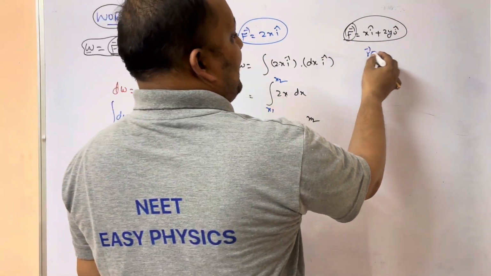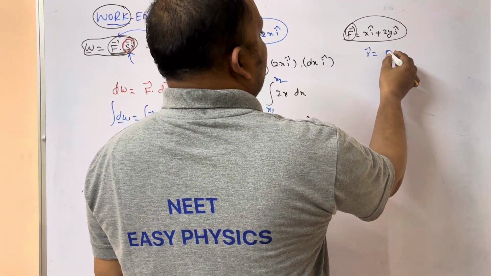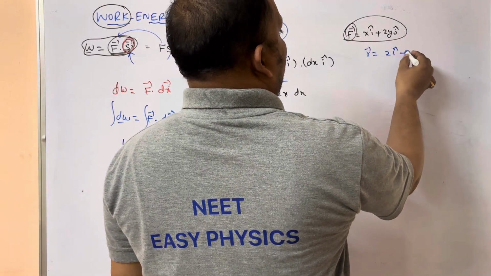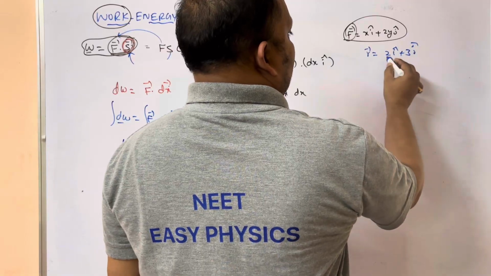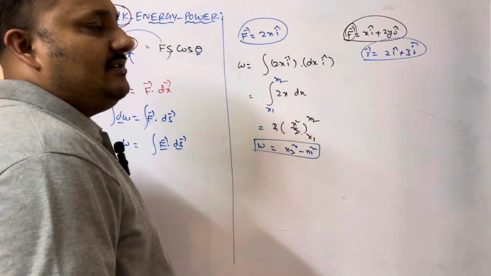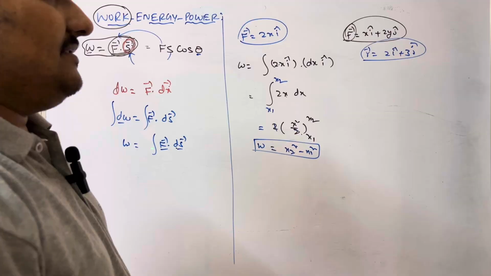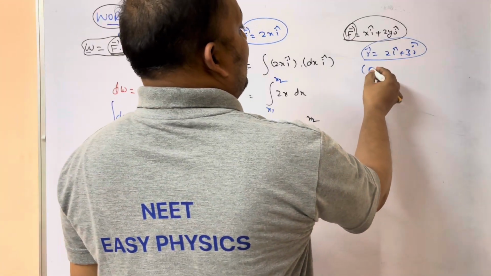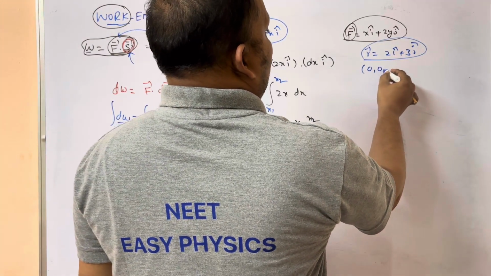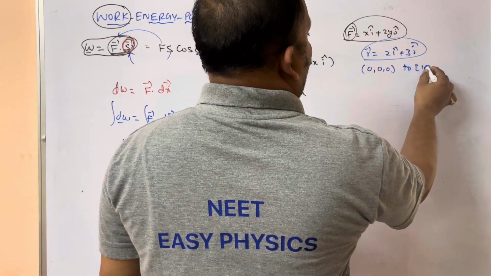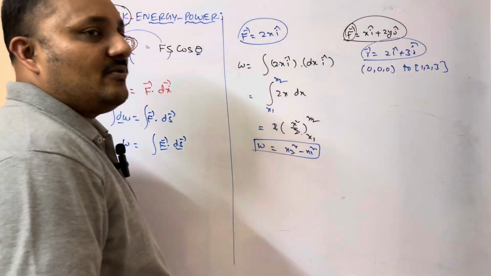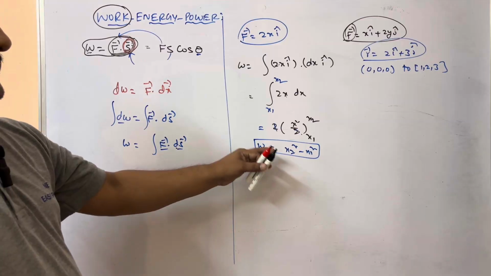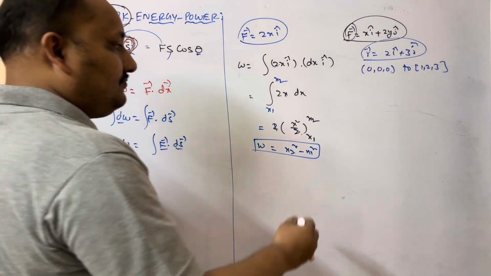So its displacement is going to be 2i cap plus 3j cap, isn't it? So they may give it like this. Otherwise, they will give it as changing from (0, 0, 0) to (1, 2, 3). So in both cases, we are going to see how to solve the problem.